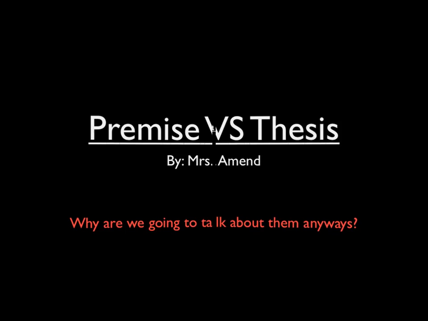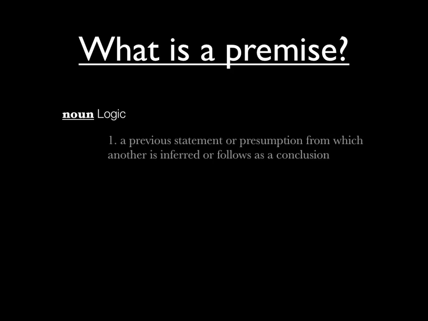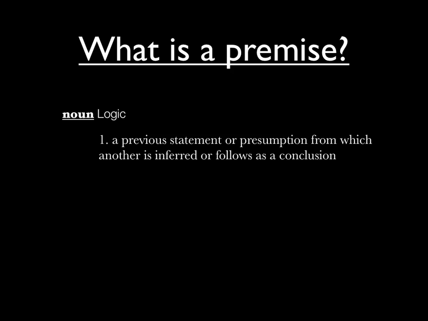So let's begin. Let's start out with what is a premise. Now, the best place to start would be to look in the dictionary, which I've done for you. So, premise as a noun means a previous statement or presumption from which another is inferred or follows as a conclusion.